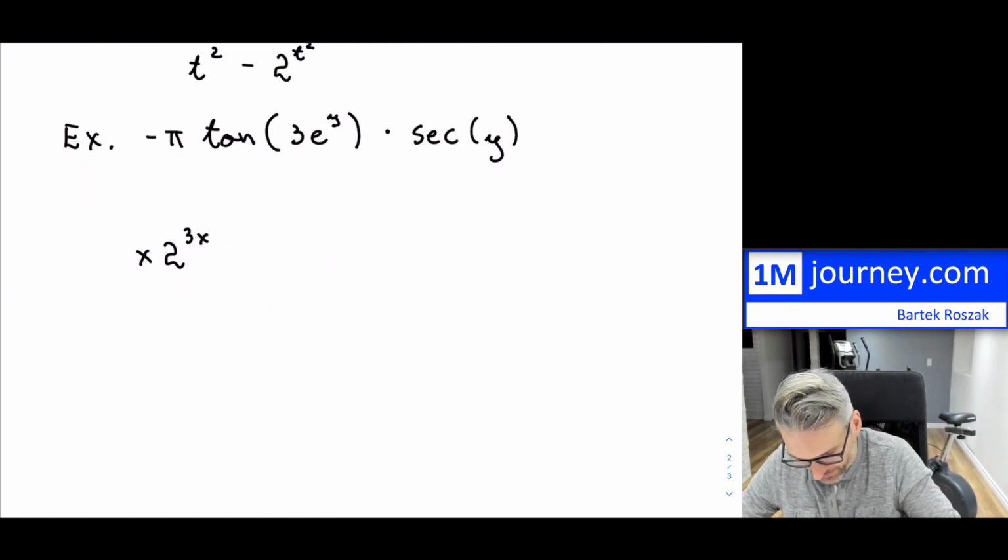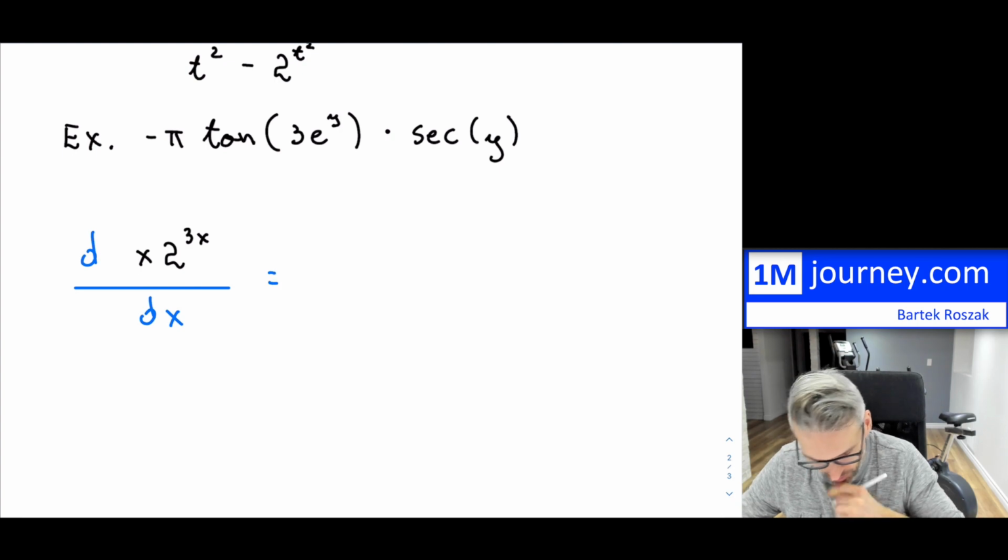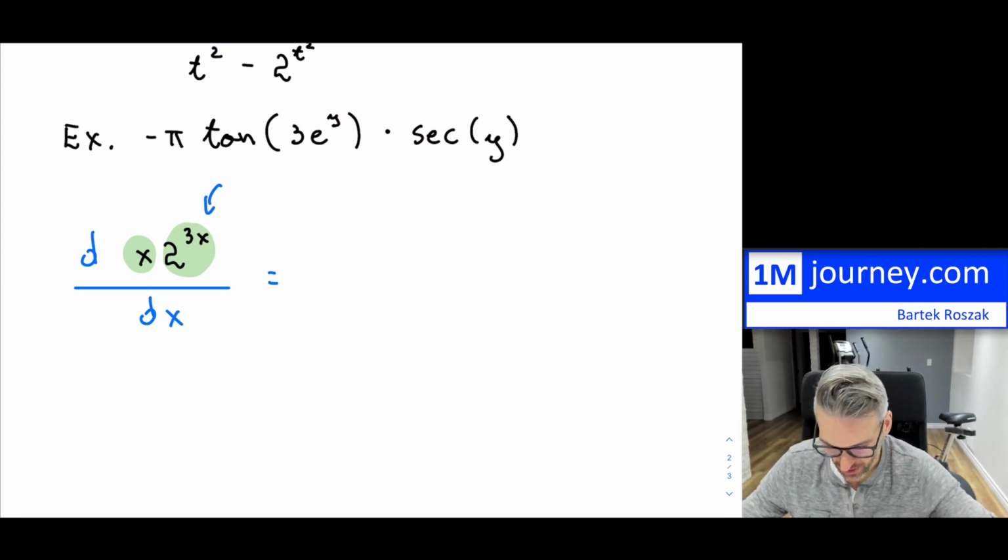If we want to take the derivative of this, with respect to x, we really are seeing two functions here. There's an x, and then it is multiplying this exponential, and the exponential itself has 3x in the exponent. So right away we would use the product rule.